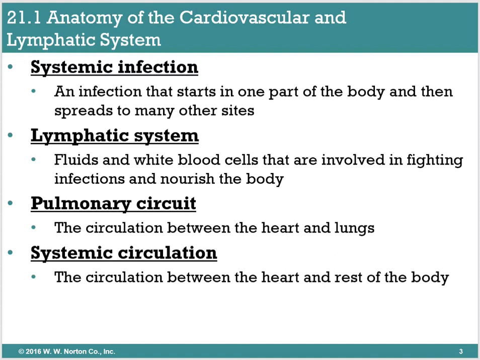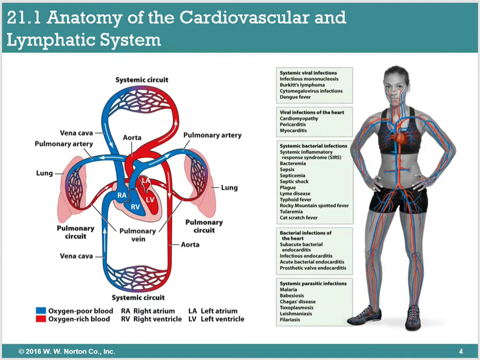So it's a little bit different, but let's look at a pretty picture. So our lymphatic system and our blood system goes throughout our entire body. So it's all the way from our toes, all the way to the top of our head. It's very, very important.